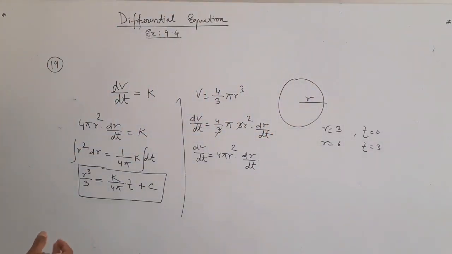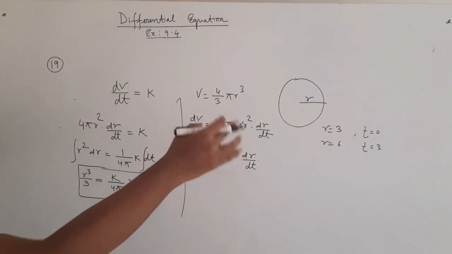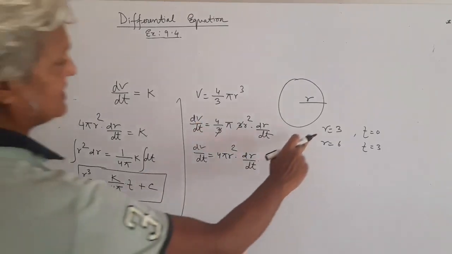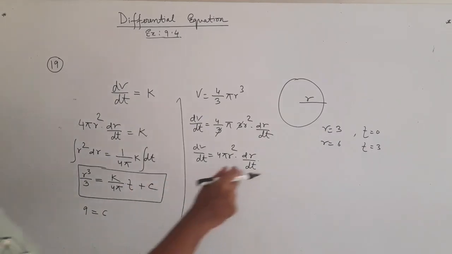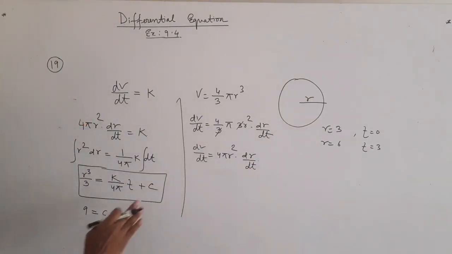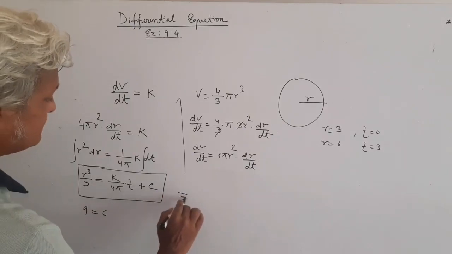So now we have to put these values in this equation. In the first condition r is 3, so 3 cube by 3 means 27 by 3, that is 9, equals k by 4 pi times 0. So this whole part vanishes and we just get c. So c is 9.